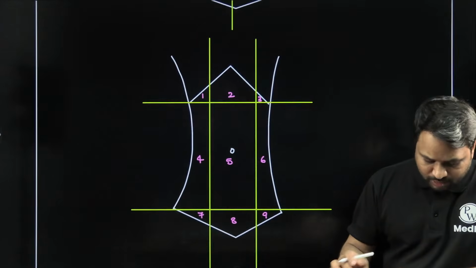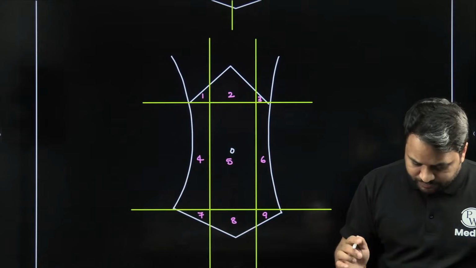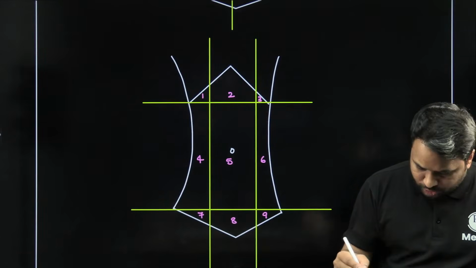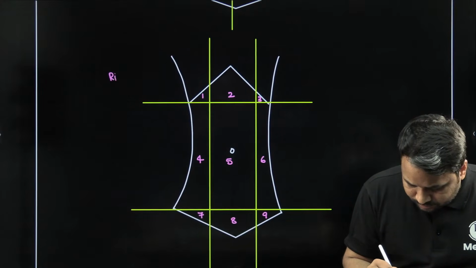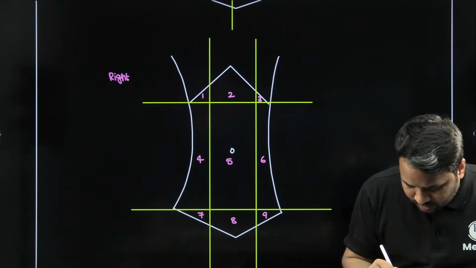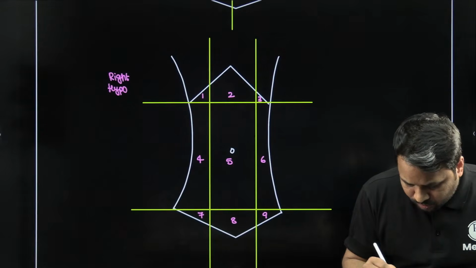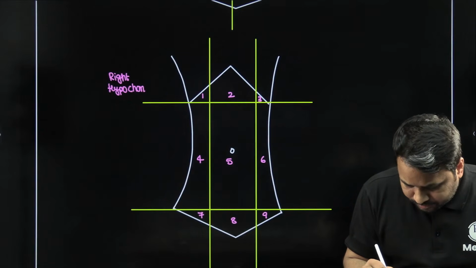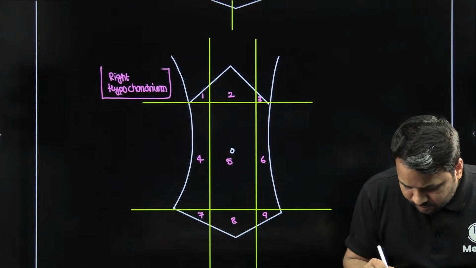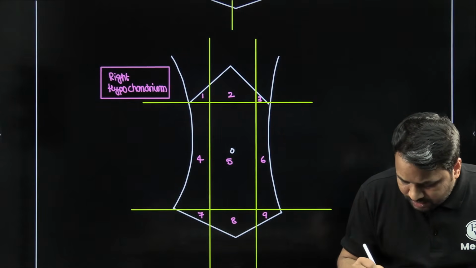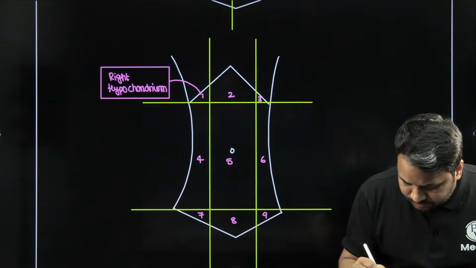Now, if you label them across, the first region is your right hypochondrium. That is the first region.